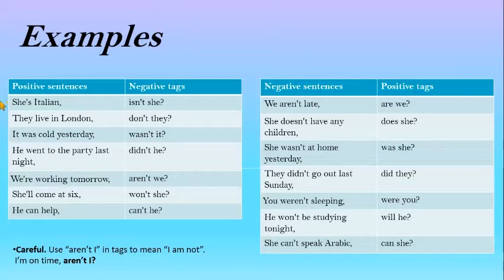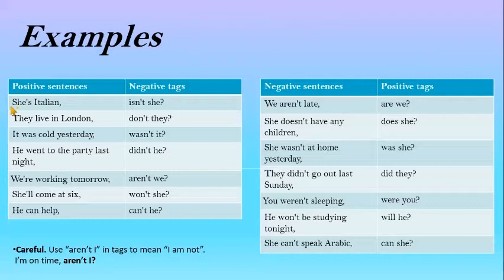And also I want to highlight that if we say a positive or negative statement in verb to be, we need to use the negative or positive tag in the same tense, as in she is Italian, isn't she?